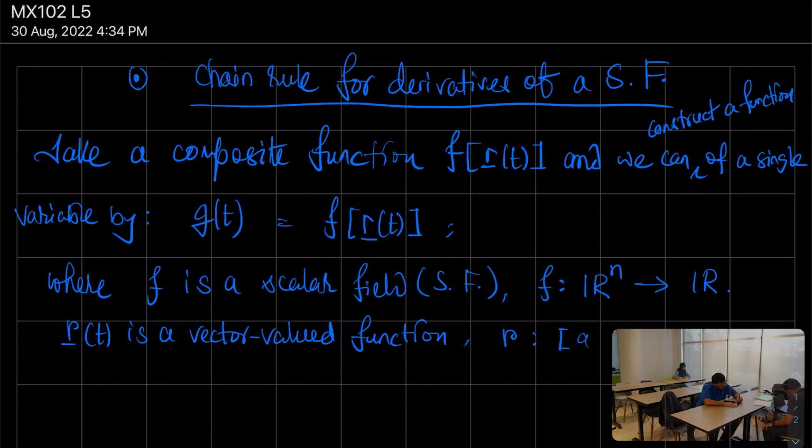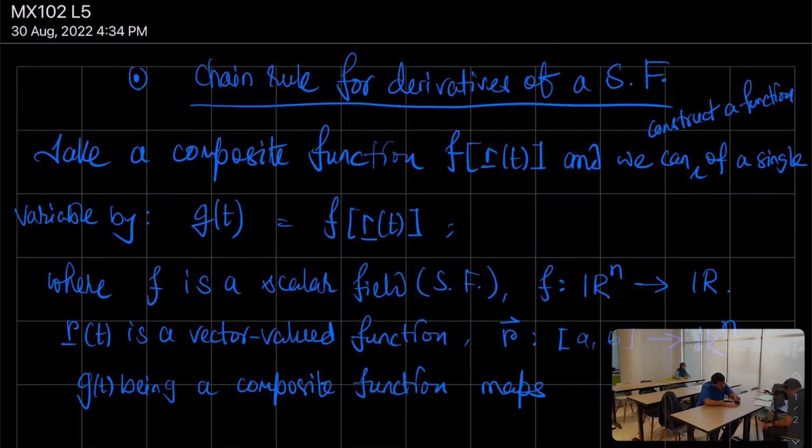We map some interval to R^n, and g is a composite function, mapping R to R. However, I shouldn't say R here.